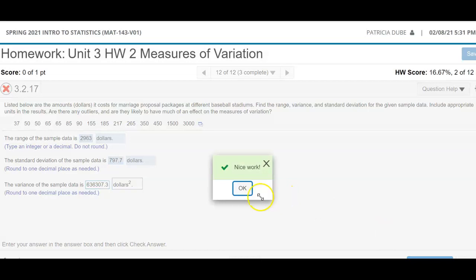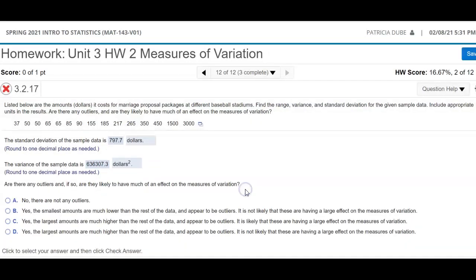Check answer. Now the question is about outliers. This gets a little more complicated. So I'm going to pick up the pen here. Hopefully this will let me draw. I haven't had much success with this particular pen, but outliers.